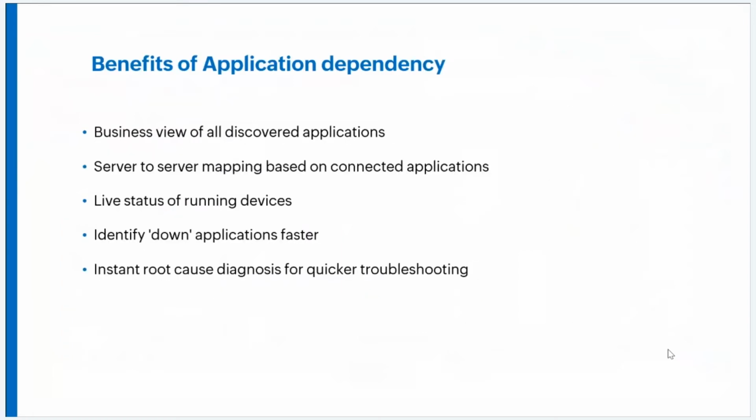Once your servers, network, and application components are discovered, we create a dependency. As I mentioned, I am responsible for 1500 servers, and all these servers are hosting thousands of databases, application servers, and web servers.